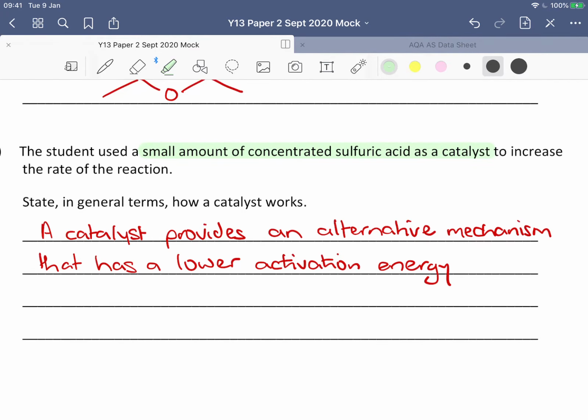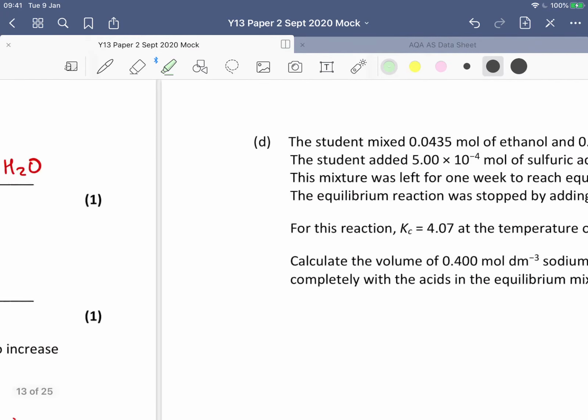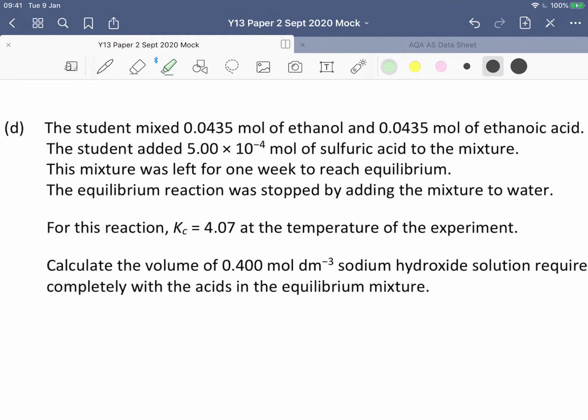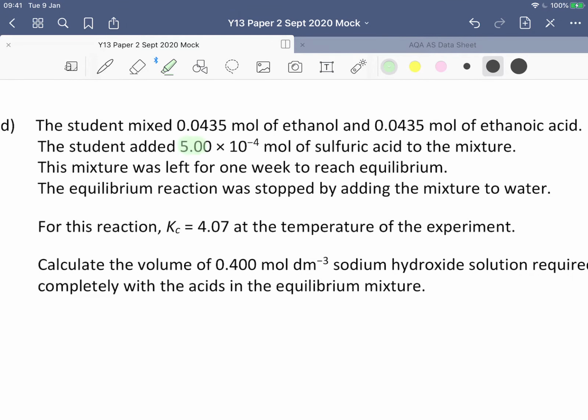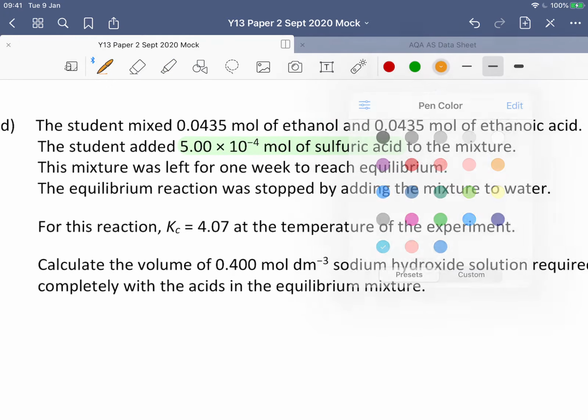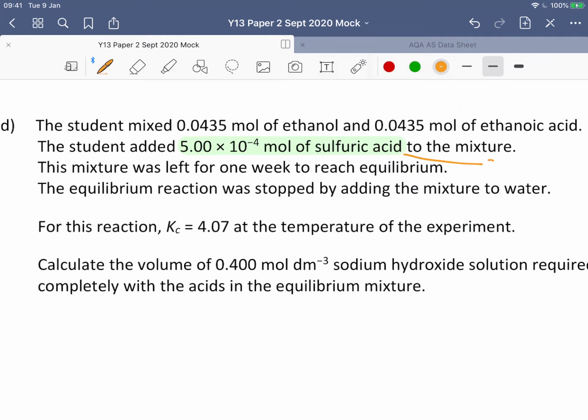So they've reminded us of that. We should remind ourselves that this is acting as a catalyst, which means that it's not used up, and therefore we should consider that number of moles to be constant.